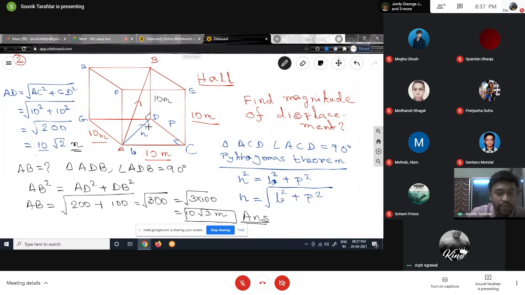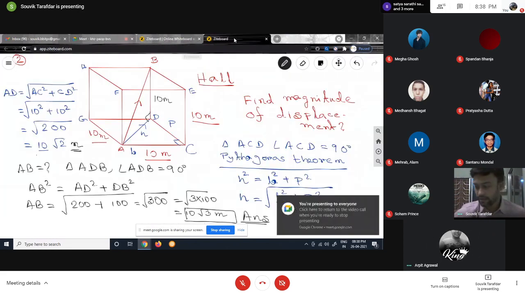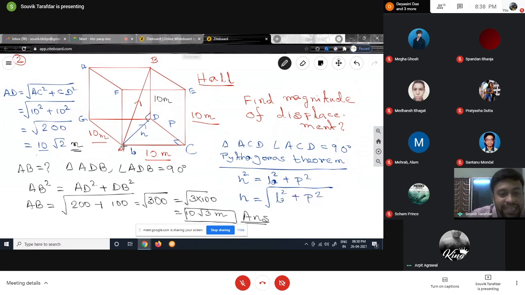Now I'm going to tell you a very important point. This is ACDG, it is a plane. Now you draw any straight line on this plane, it will be perpendicular to this line. Suppose the AD straight line is kept in which plane? Plane ACDG.